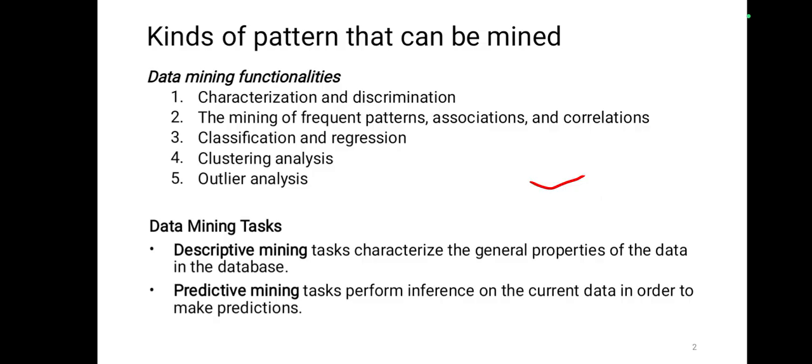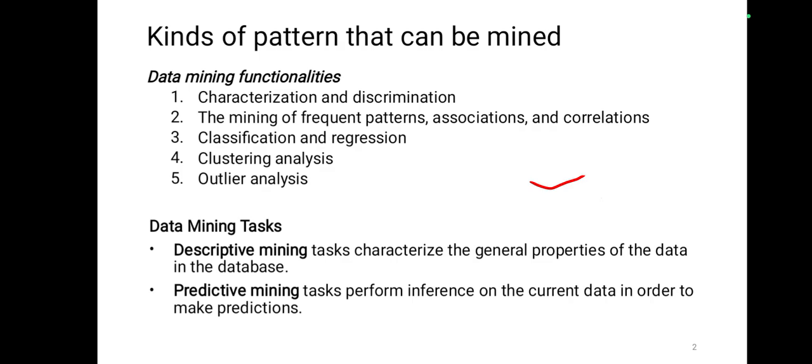The first one is characterization and discrimination. What is it exactly? Suppose you own a clothing store. One question you may ask is, who are my premium customers, those who will be buying all the time? Data mining summarizes these customers.